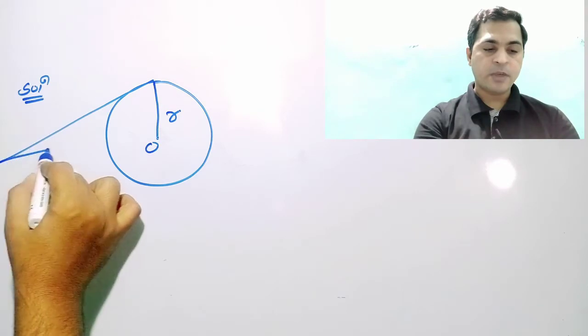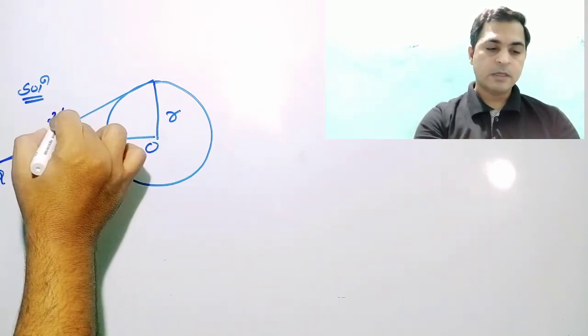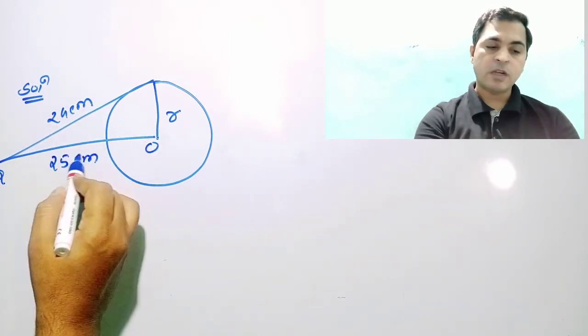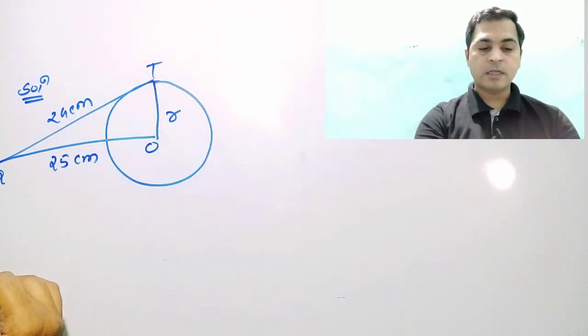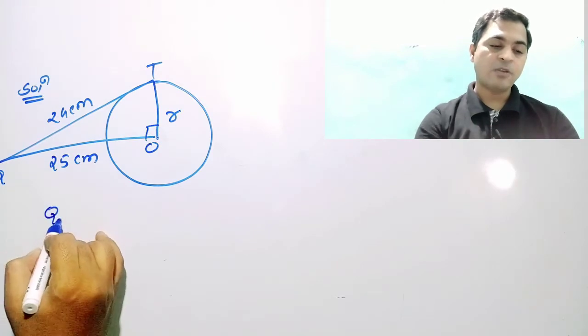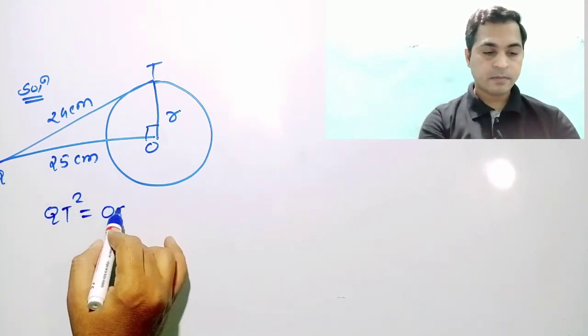There is an exterior point, this is Q, and the length of the tangent is 24 centimeter, and the distance between the exterior point and the center is 25 centimeters. Again students, this is similar to the previous one. This is a right angle triangle, right?